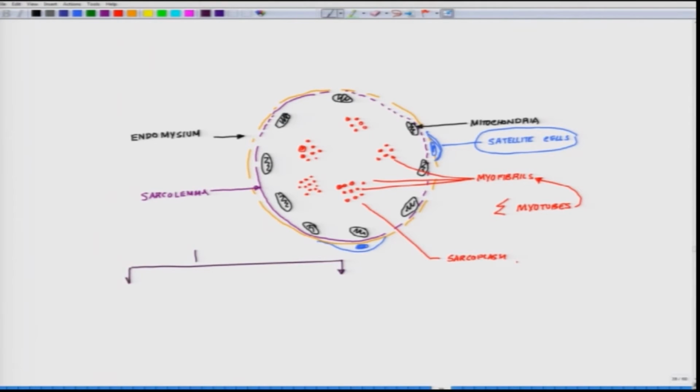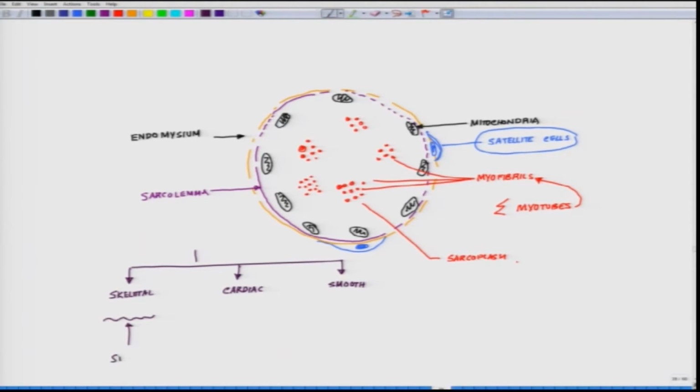We have talked about classification based on force generation. If you remember, I told you based on force generation we can classify them as skeletal, cardiac and smooth, right. Now, we introduce another way of classifying them.